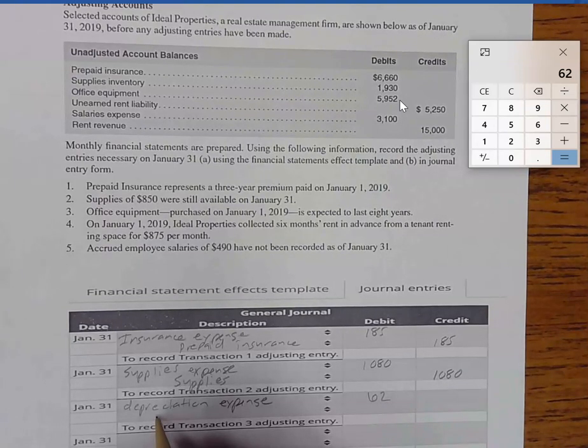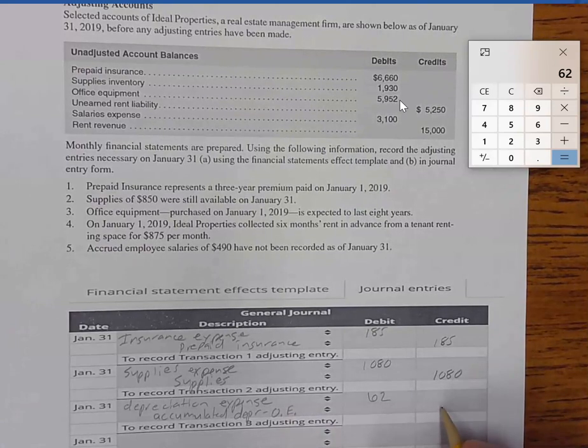And then what we're going to do here is we're going to use what we call a contra account called accumulated depreciation, and I'm going to put office equipment. I'm probably going to have to abbreviate a little bit here, I'm running out of room.